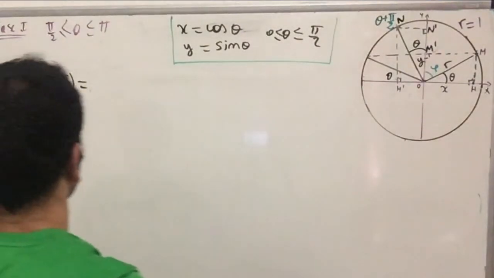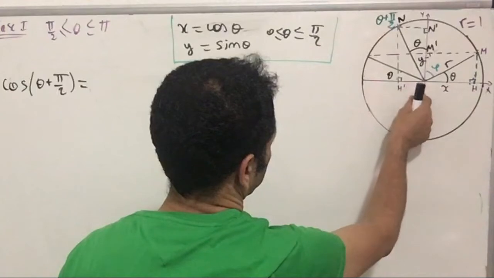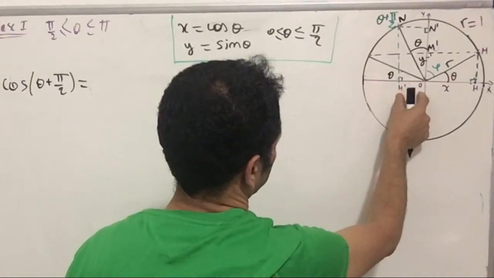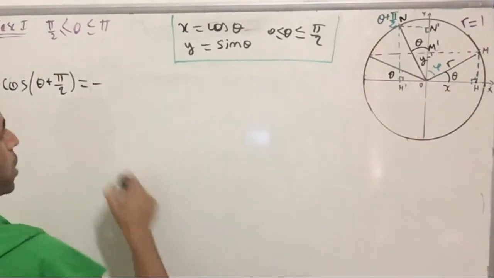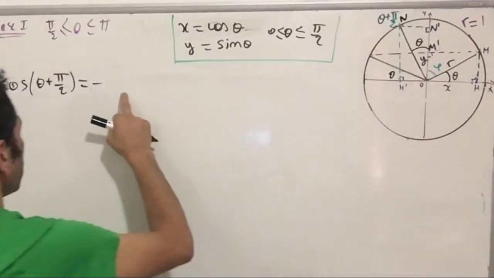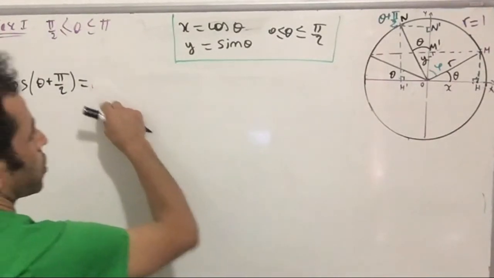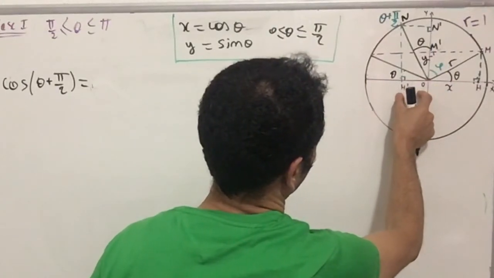So now cosine of theta plus pi over 2. Cosine represents the horizontal axis x, and it is located in the negative direction, so minus. So the cosine equals what? The cosine is this distance OH prime.